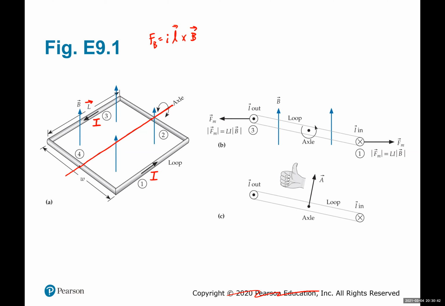If we talk about, I don't know, path one, leg one of the square, or I guess the rectangle, the current is magnitude I. The length vector in the direction of the current points this way. And the magnetic field points up. So we've got I kind of that way, and we curl our fingers into the direction of the field up, and my thumb points that way.